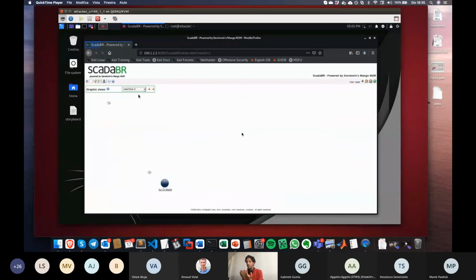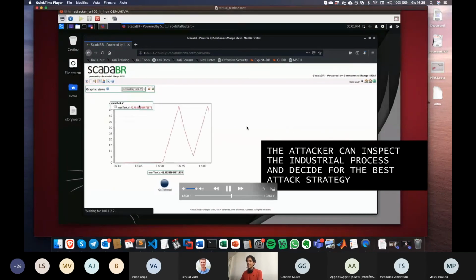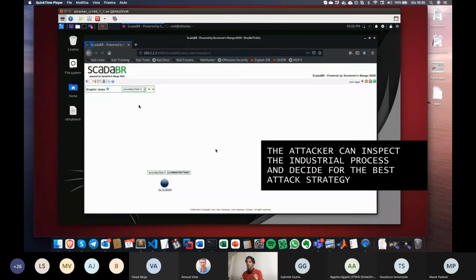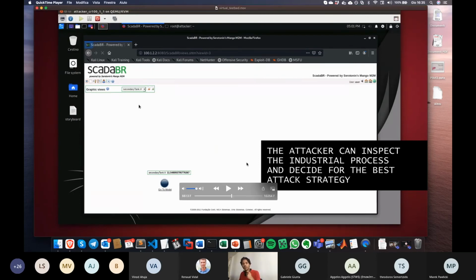So what does it mean? That he can understand, for example, which sensors are necessary for what, and what actuators are used for. It is an important step of the attack because the attacker has to learn about the infrastructure status and in this way understand how to proceed in the attack.